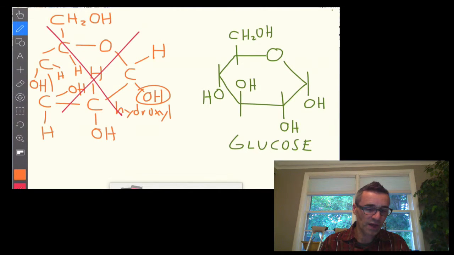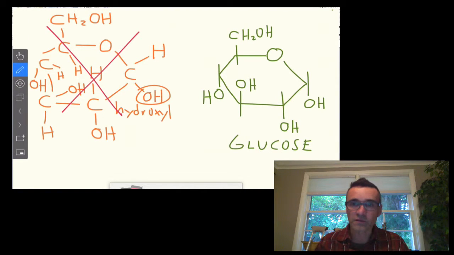Now, in addition to that, what we also want to do with our glucose is number the carbons. The rule for numbering carbons is you want the longest chain of carbons possible, and you want to go clockwise around our ring. So here's our glucose ring portion, and we want to go clockwise around, which is this way. And so we're going to number the carbons this way. This is going to be carbon number 1 over here.